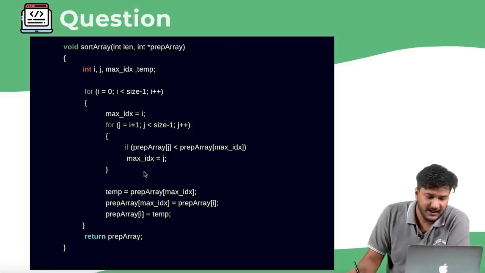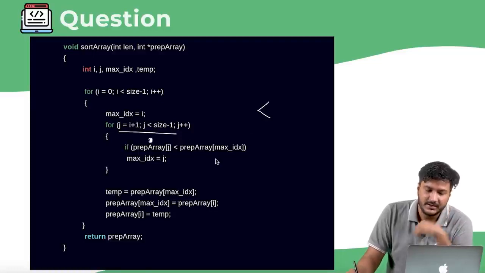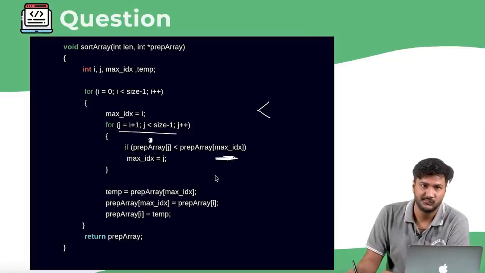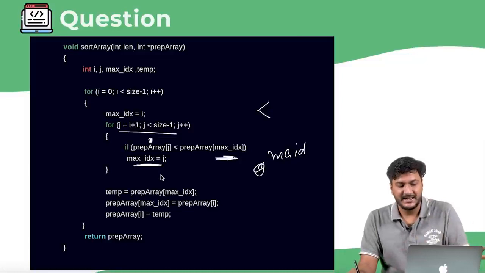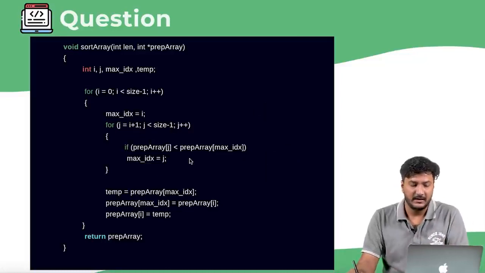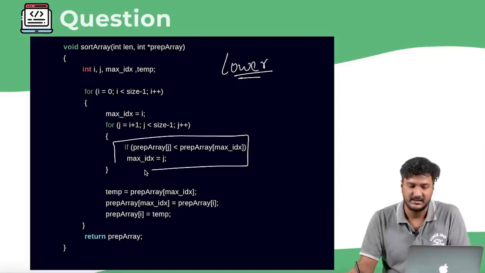Now what is happening here is that in my second for loop, if the current index value is lesser than the max index value, then you store that max index is j. So you are basically trying to find the lower value in these particular lines.